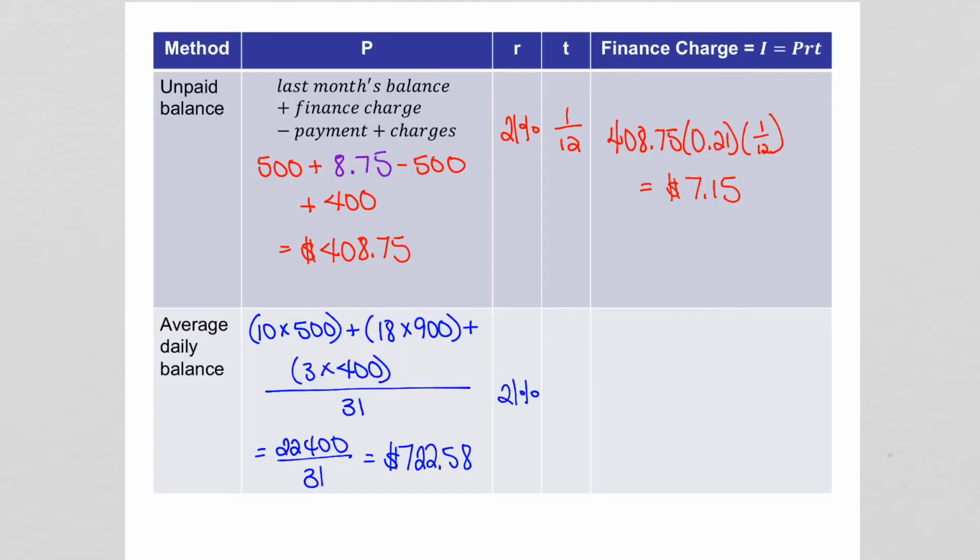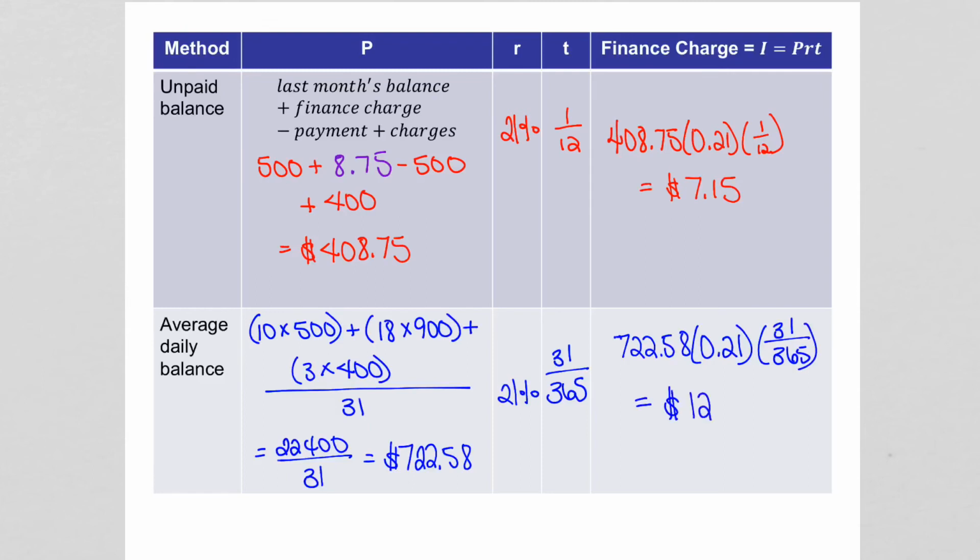Again, your interest rate is 21%. And the time is 31 days out of 365 days. So to fill in, then your principal is 722.58 times your rate, 0.21, times your time, 31 over 365.